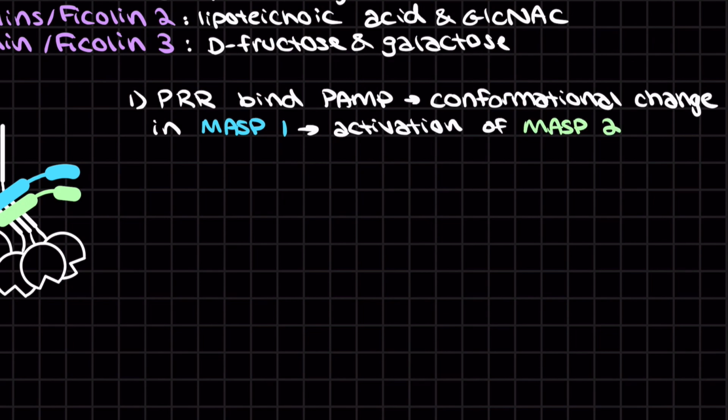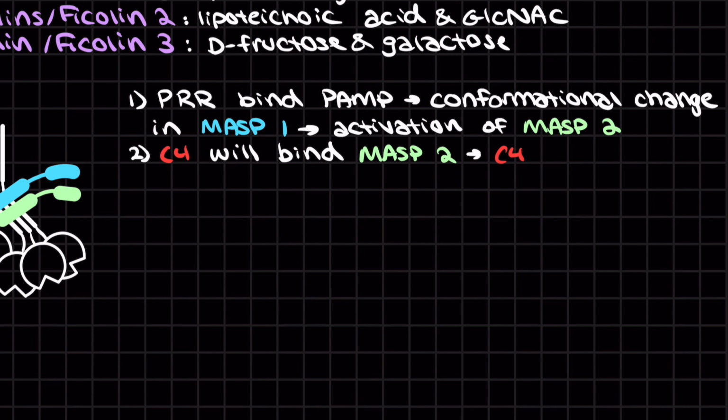And this is where things really start to go off, because we are going to introduce our first complement protein, C4. C4 will bind MASP2, which will lead to C4 getting cut.